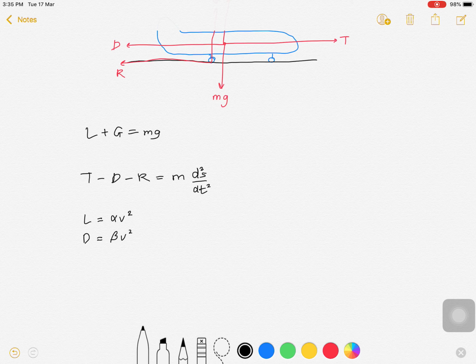If you look here, the lift force depends on the speed, and the drag also depends on the speed. The last one is R, the friction force. We have the friction coefficient mu, multiplied by G, where G is the reaction force.